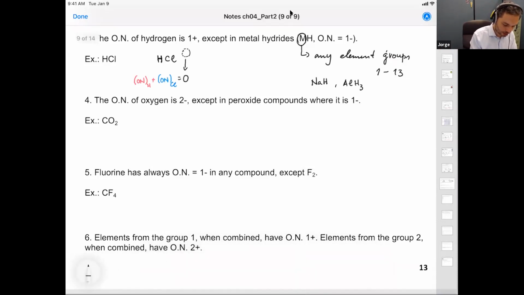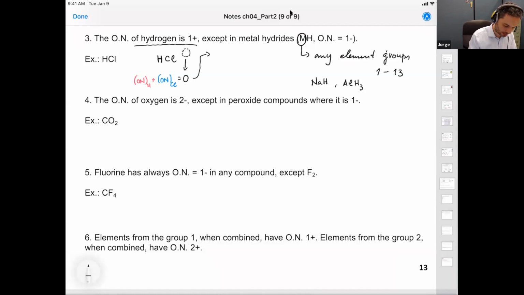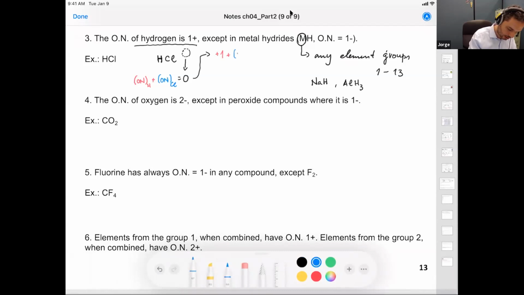The oxidation number of hydrogen is always 1 plus. So let's replace that in the equation. So let's put here plus 1 plus the oxidation number of chlorine. This has to be 0.